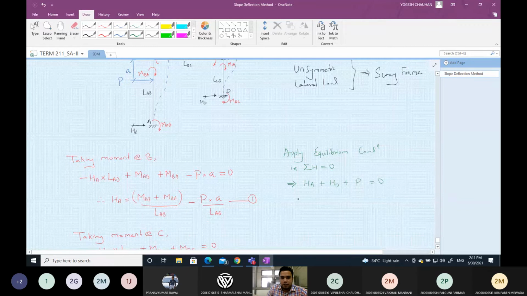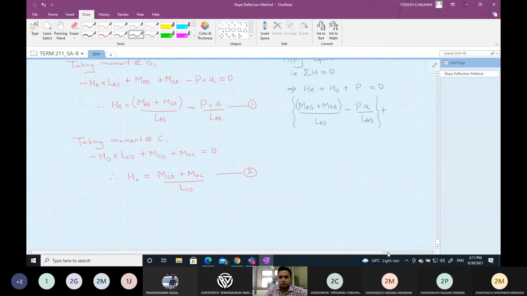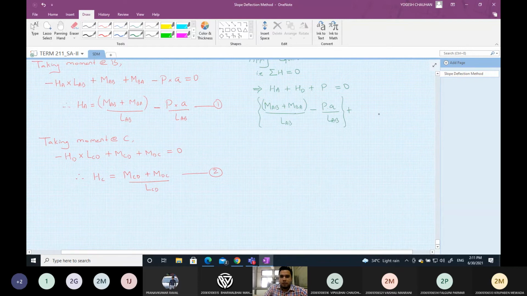Now what is HA? HA is MAB plus MBA divided by LAB minus P into A divided by LAB, plus this term, that is MCD plus MDC divided by LCD, plus P equal to 0.